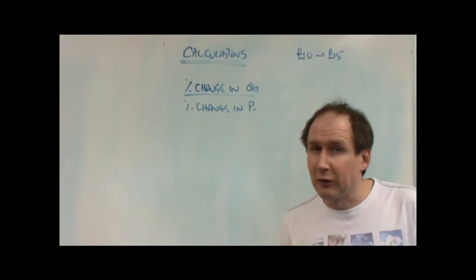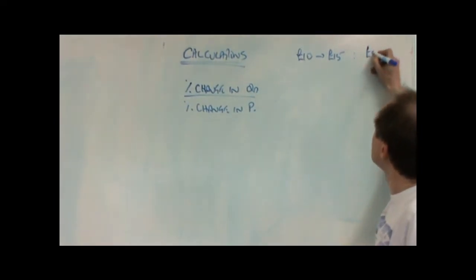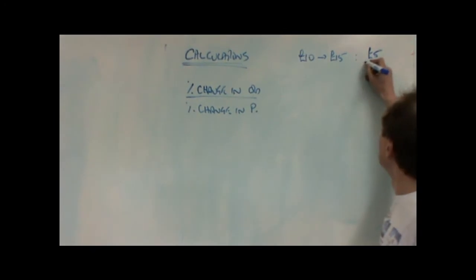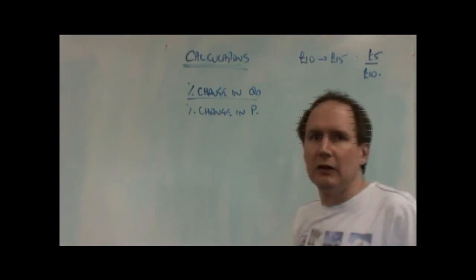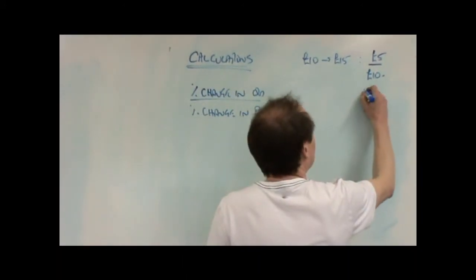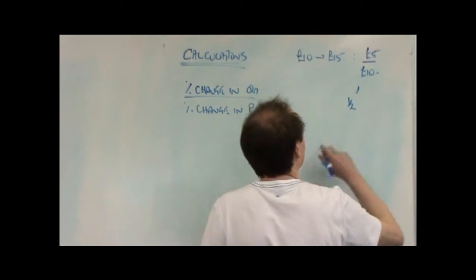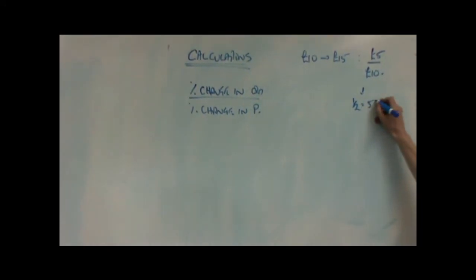And the reason for that is that it's changed by £5 from the original price of £10. So it's changed by 5 out of 10. It's changed by a half, which is of course 50%.